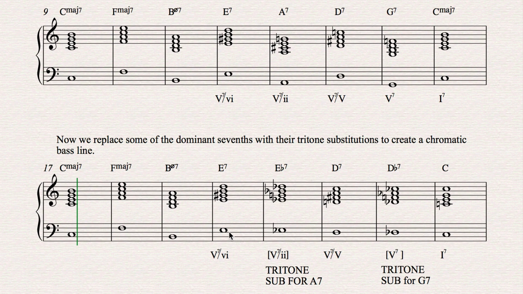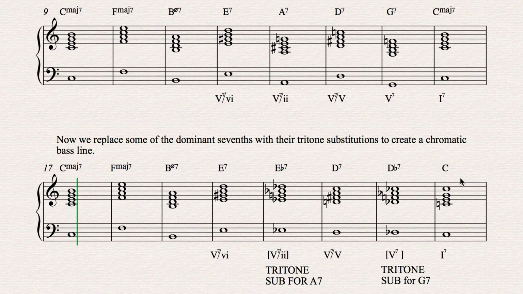And so what we get for our bass line, instead of this one up here, we get this. Right, so it's a little bit more smooth in terms of the melodic movement in the bass. It has a similar function, but it also has this kind of cool chromatic descending sound to it.